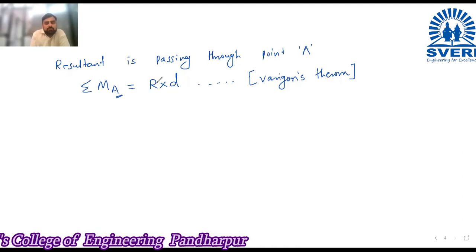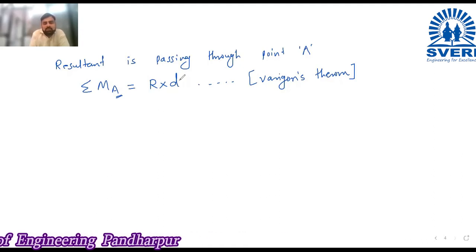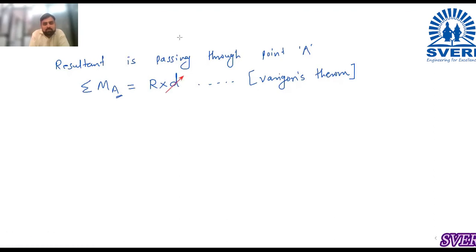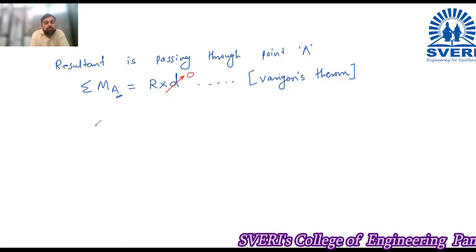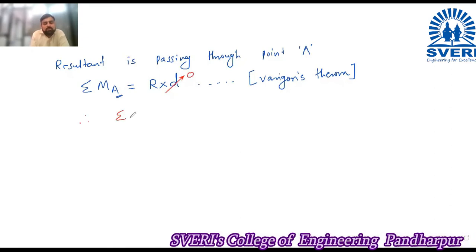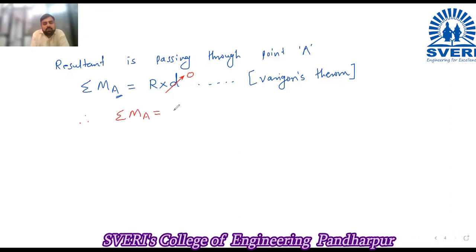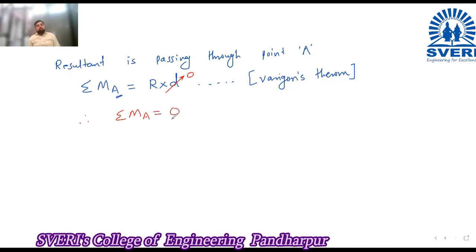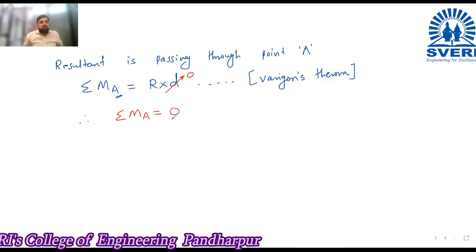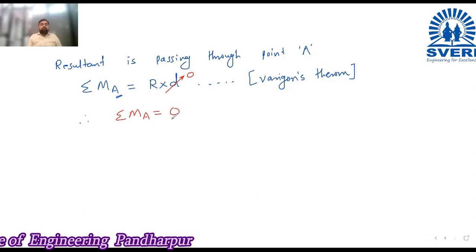Okay, so if the distance is 0, distance 0 means this is 0. And if this is 0, then this right hand side will become 0. So therefore, summation M about A must be 0. This is what we will get because the resultant is passing through point A.